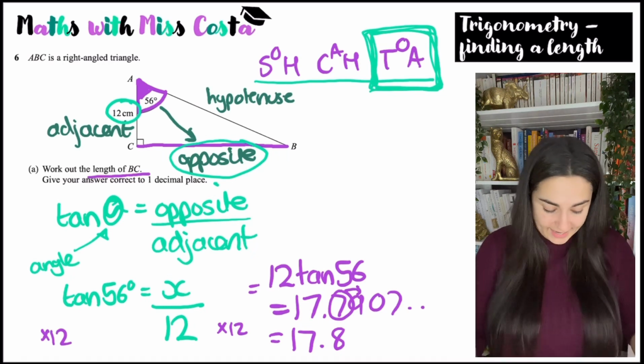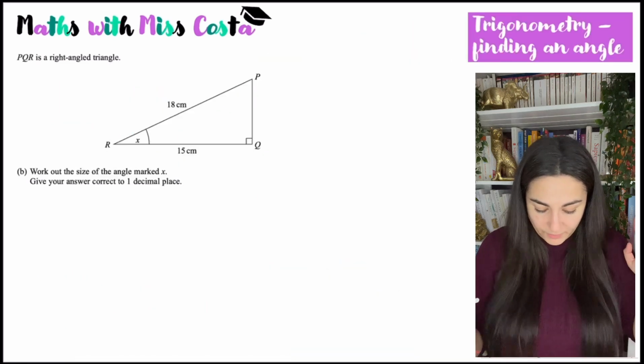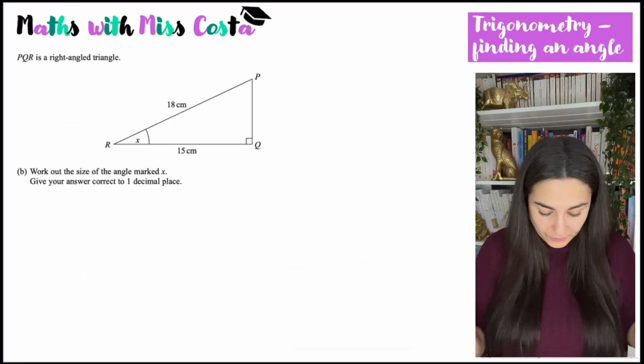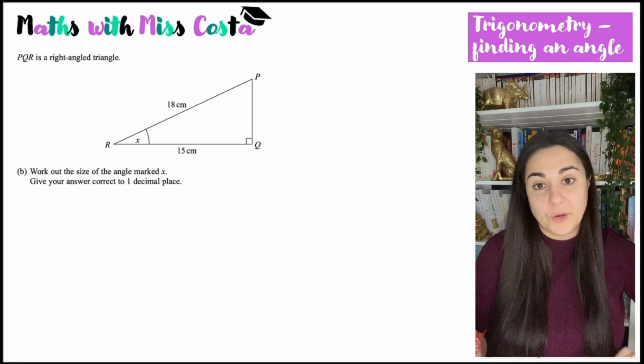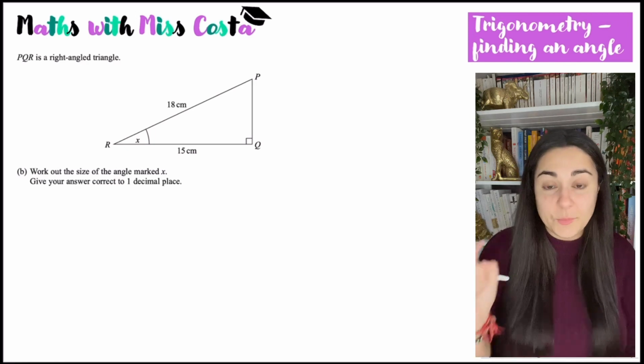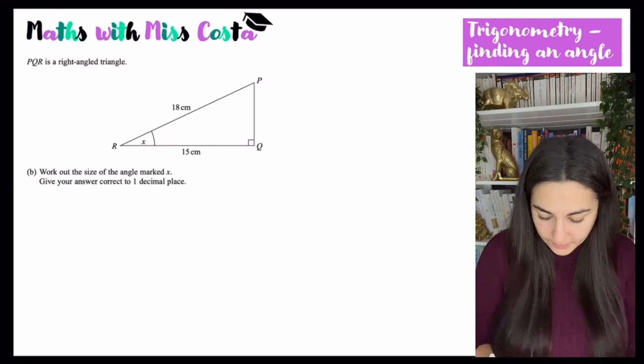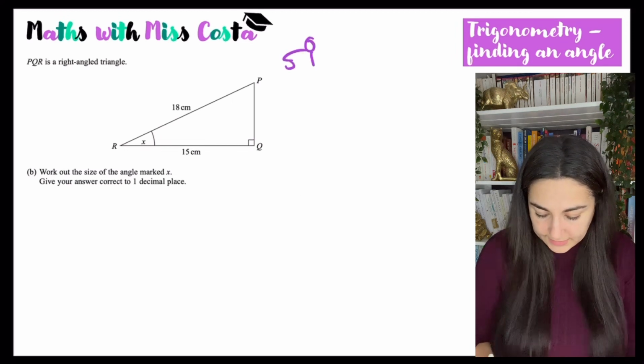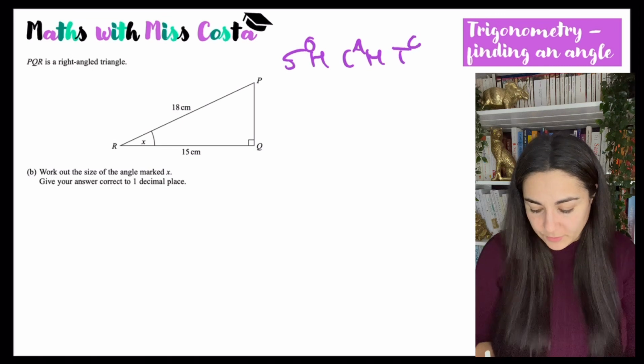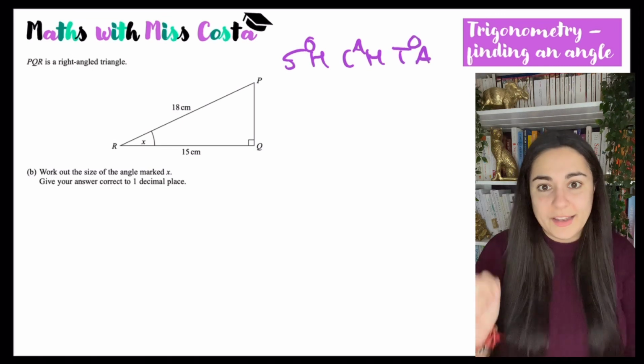This is with finding a length. Now the next part of the question is a different triangle, and we're being asked to work out the size of the angle. Once again, what's the most important thing? First of all, we write out our SOHCAHTOA just so that we have it there, and then we label the triangle.